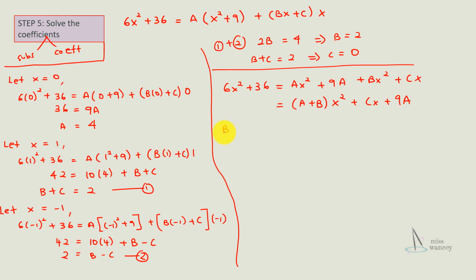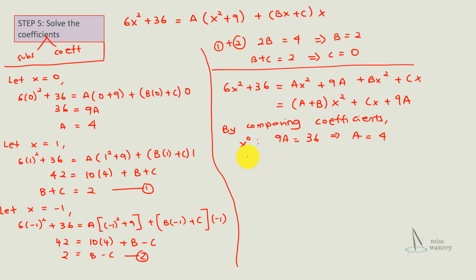So by comparing coefficient, let us compare for x to the power of 0 first. So we can see that 9a is equal to 36. So this is 9a, 36. Therefore, we can directly see that a must be equal to 4.